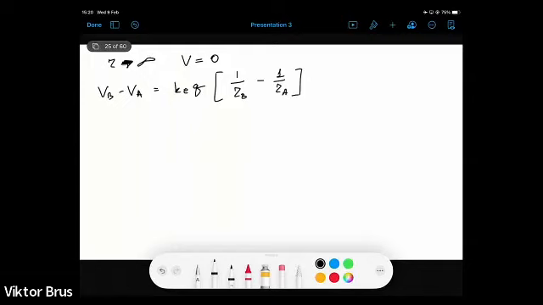If we assume that initial point A was located infinitely far from this electric charge, means RA approaches infinity, then we can neglect this 1 over RA that will approach 0.